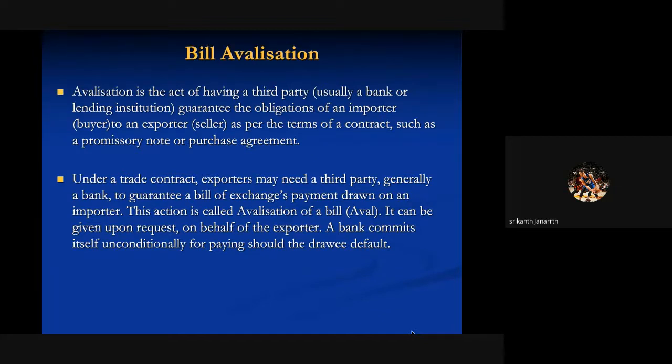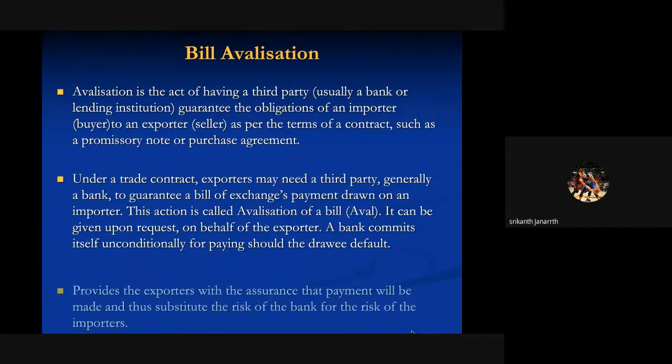So once the importer's bank has levelized, the exporter's bank will immediately finance because, instead of the individual, they are trusting the bank, because if the importer doesn't pay, the levelized bank will pay. Therefore, it's easy financing for export banks once the bill is levelized by the importer's bank. In the event of a default by the drawee, the importer, the levelized bank will pay.